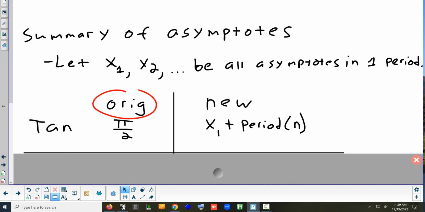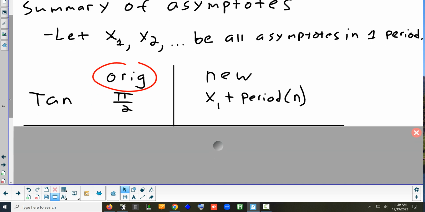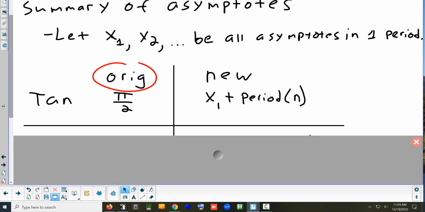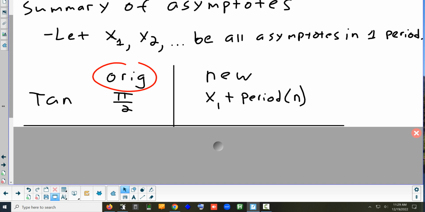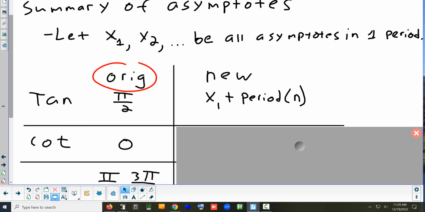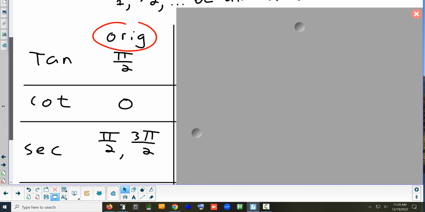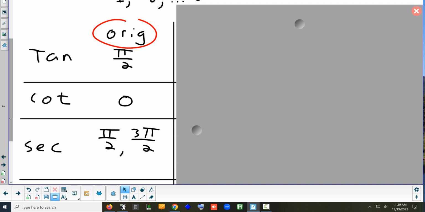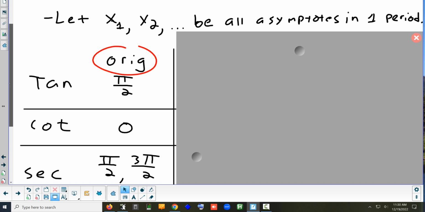So for tangent, it's pi over 2. For cotangent, you can base everything off 0, because that's where the first asymptote for cotangent is.